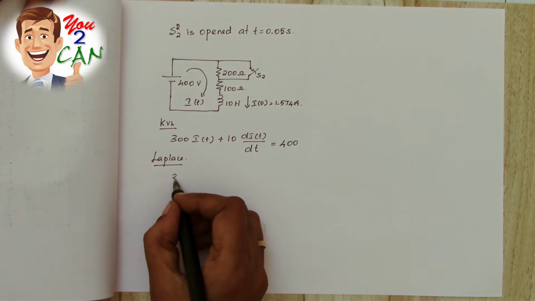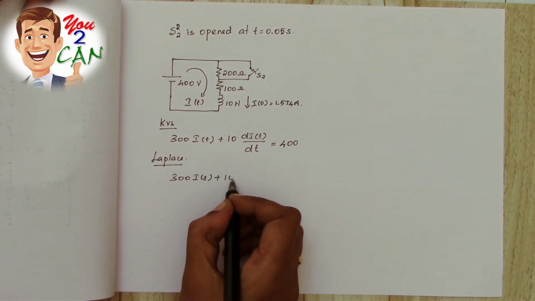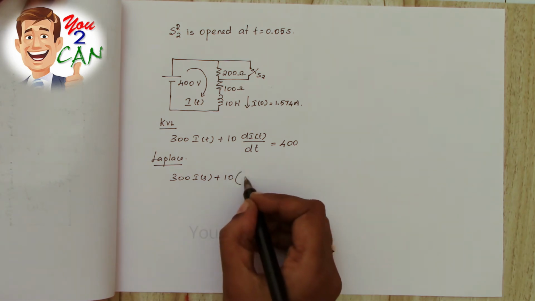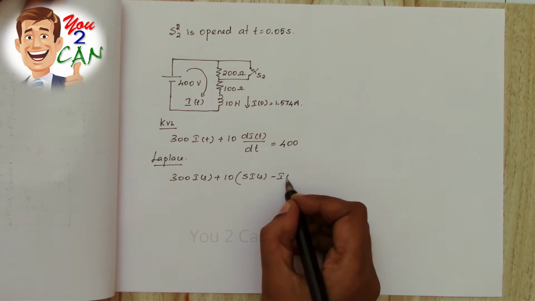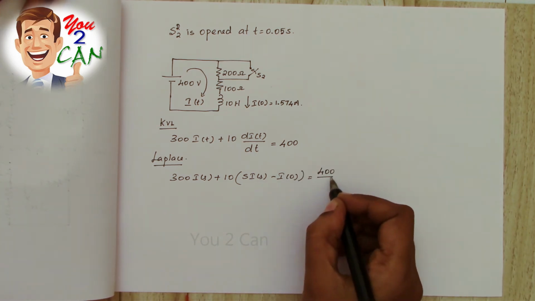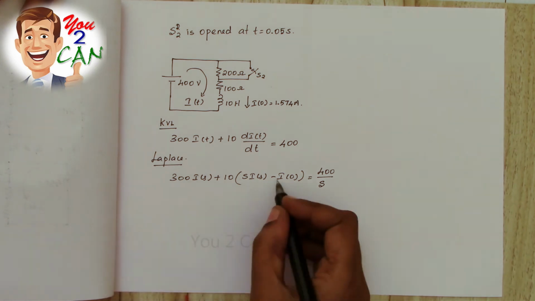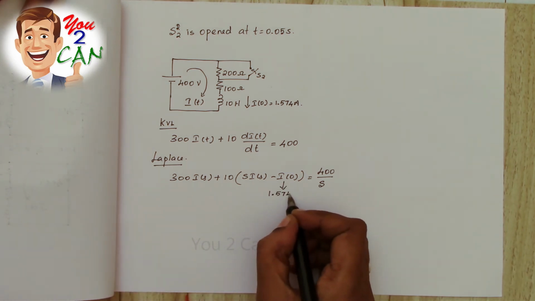So i of t becomes I of s, plus Laplace of di of t by dt is s I of s minus i of 0, that is equal to 400 by s. Now this previous value is 1.574 amps.